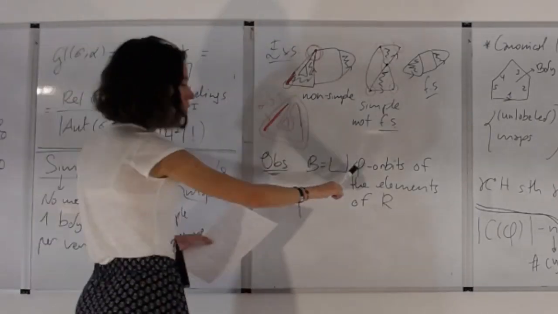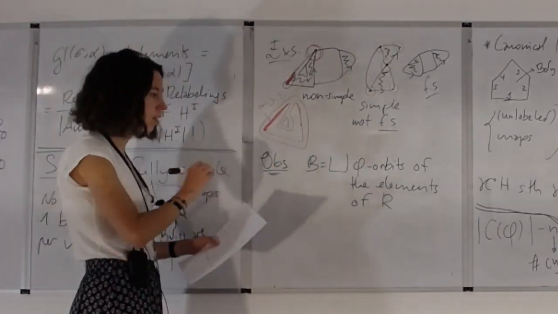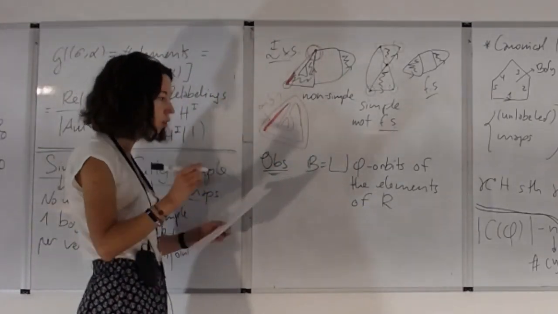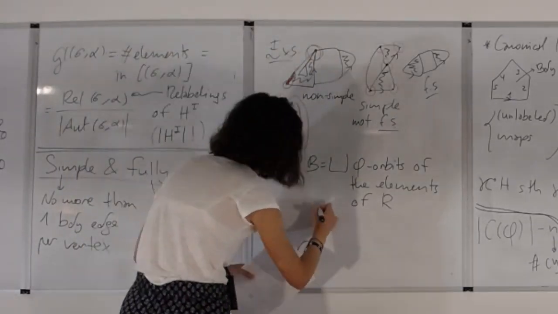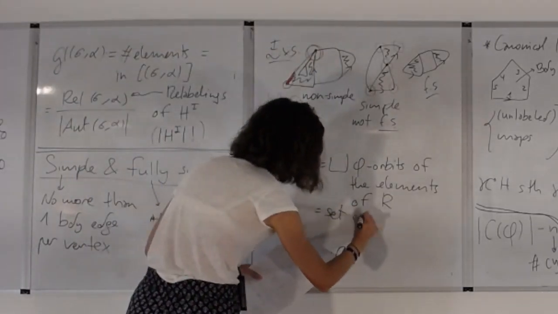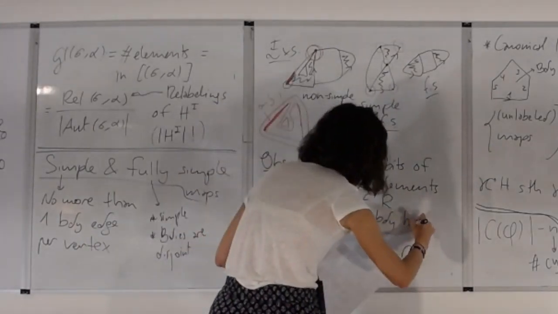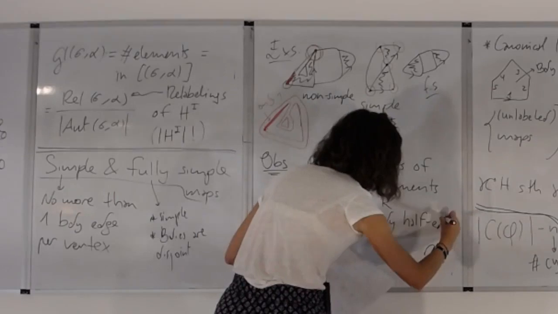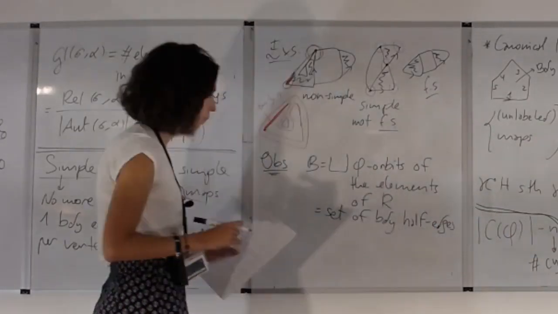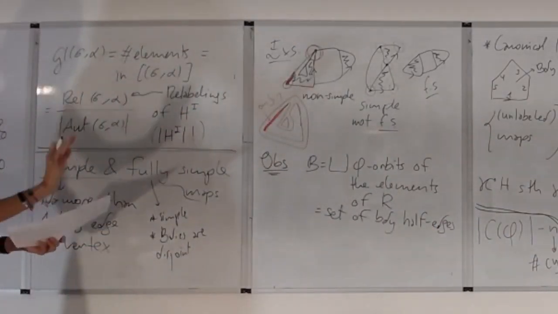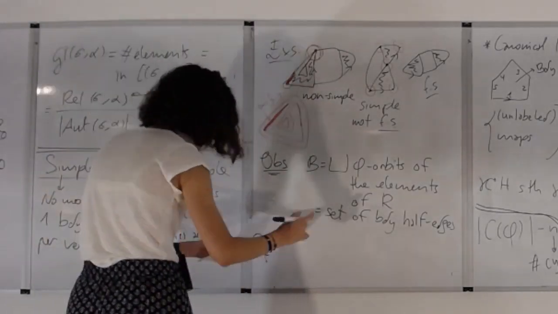So phi orbits of these elements just means the set of boundary edges. So this is just the set of boundary half edges, if you want to be precise. So B is just the set of boundary half edges.